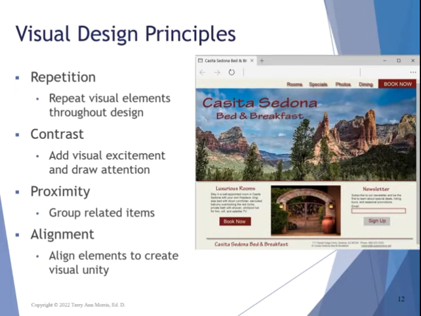Visual design principles. Let's consider some factors as we examine visual design principles. Number 1 is repetition. You need to repeat visual elements throughout the design. With contrast, you need to add visual excitement and draw attention. With proximity, you need to group related items. And finally, with alignment, you need to align elements to create visual unity.